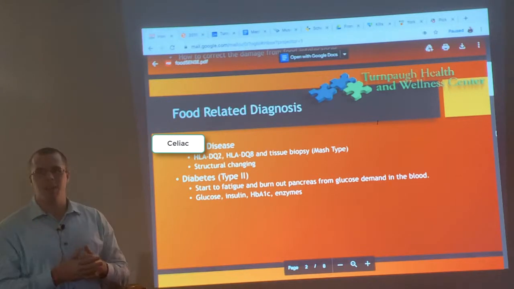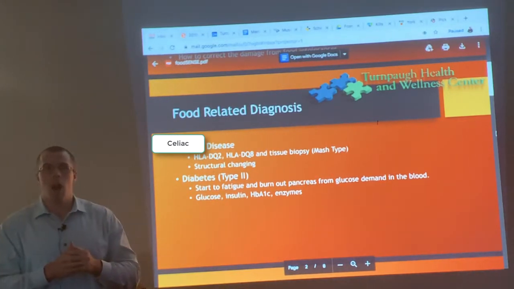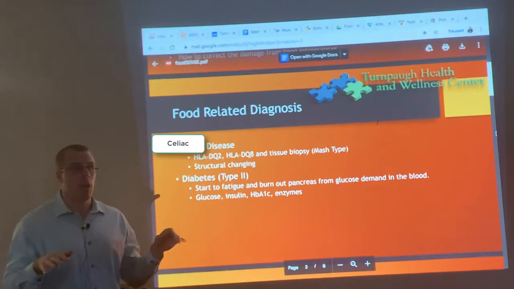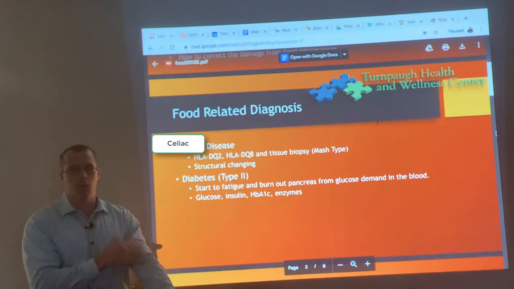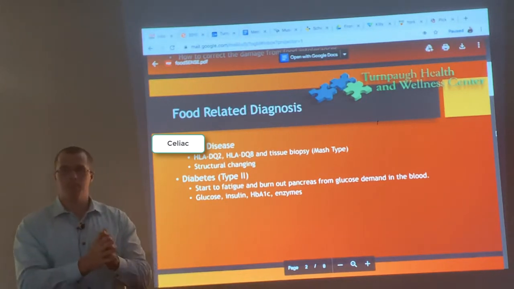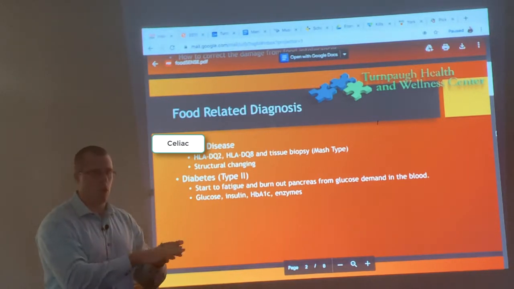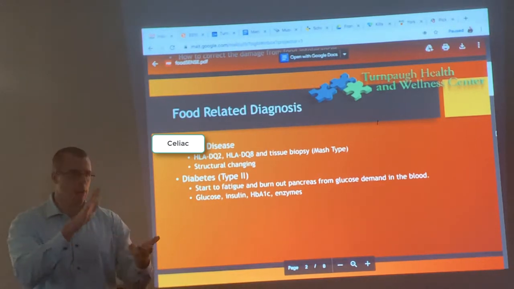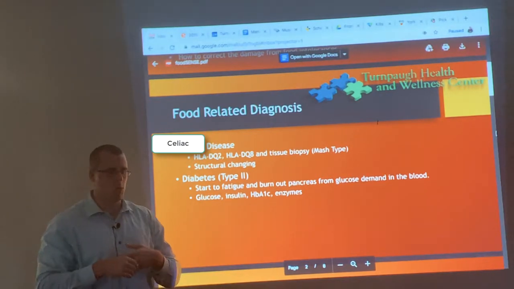Really what's happening here is that we now have a diagnosable disease to the point that your pancreas is burnt out. You've exposed your body and your bloodstream to so much glucose. If you're not familiar, we consume glucose in various forms, it can be carbohydrates, sugar, even vegetables break down to glucose.